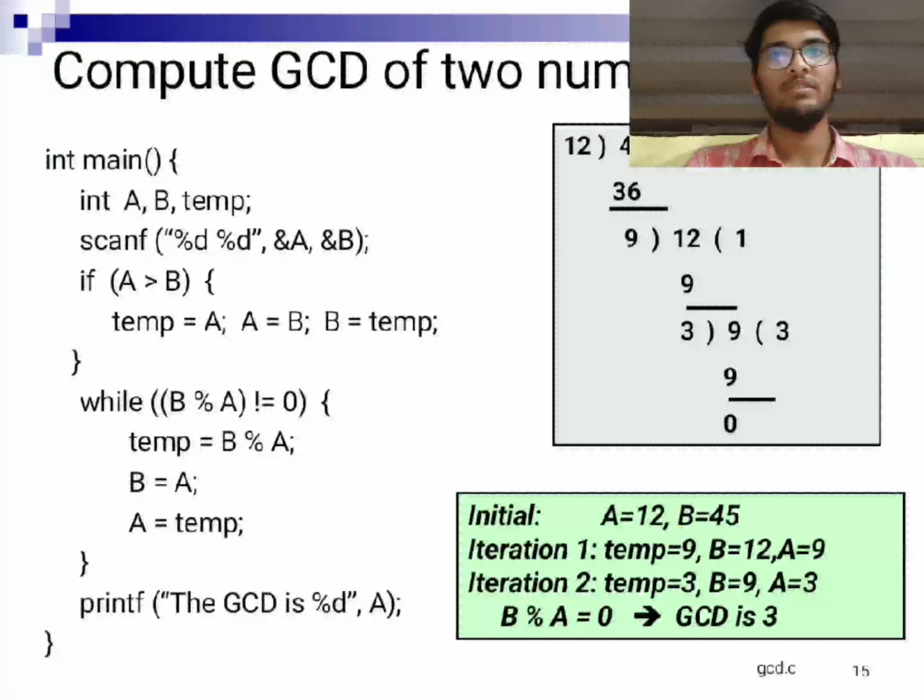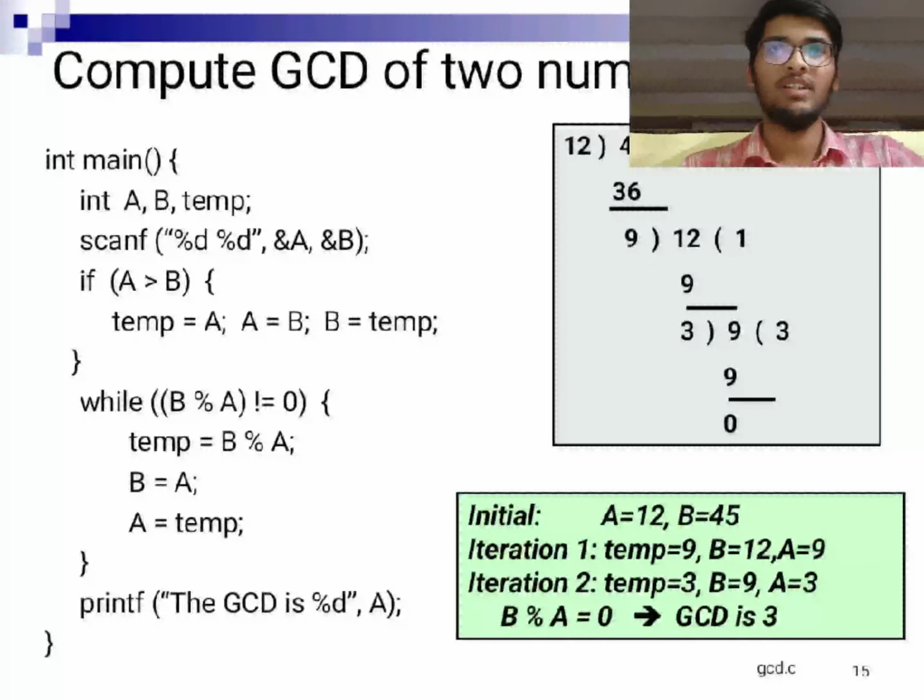Within the block, printf prints the result: the GCD is %d comma a, the value of a. Let's see how this operation is done. Initially, we give a is equal to 12 and b is equal to 45.